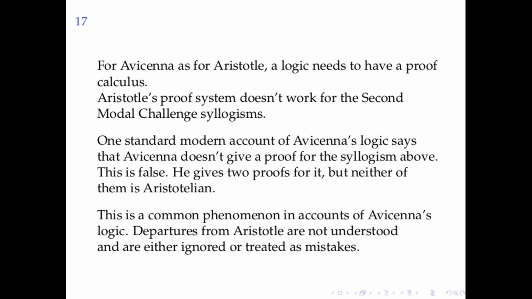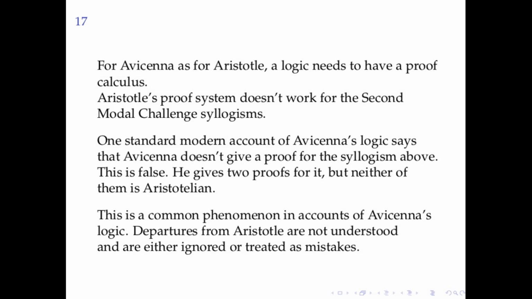It's interesting, one standard account of Avicenna's logic in the modern literature says that Avicenna doesn't give a proof for this syllogism. In fact, he gives 2. He gives one in Middle Summary, and he gives another one later on in his big work, Syllogism. Neither of them is an Aristotelian proof.